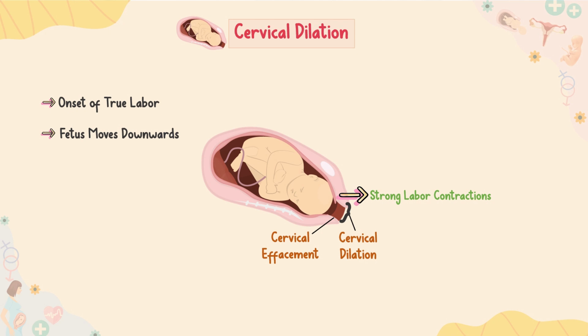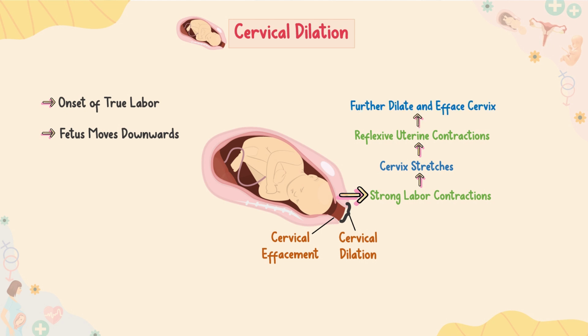Cervical stretching induces reflexive uterine contractions that dilate and efface the cervix further. Thus, you can say that the true labor progresses in a positive feedback loop. In addition, cervical dilation boosts oxytocin secretion from the pituitary, which in turn triggers more powerful uterine contractions.